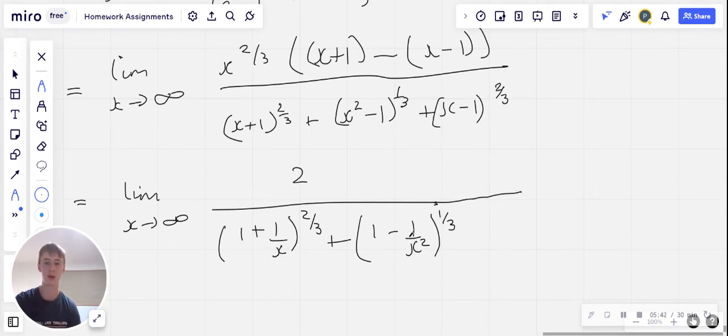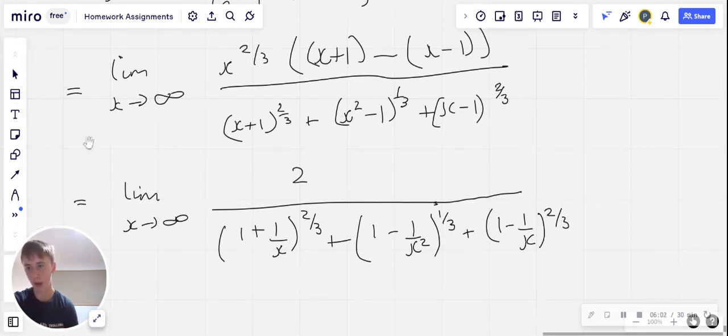Because we've divided by x to the power of 2/3, we're dividing by x squared in this bracket. Plus 1 minus 1 over x to the power of 2/3.